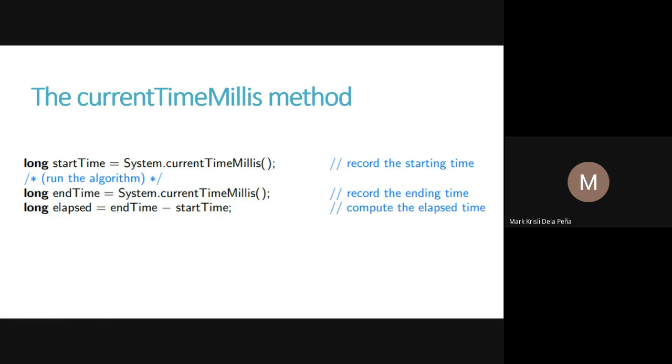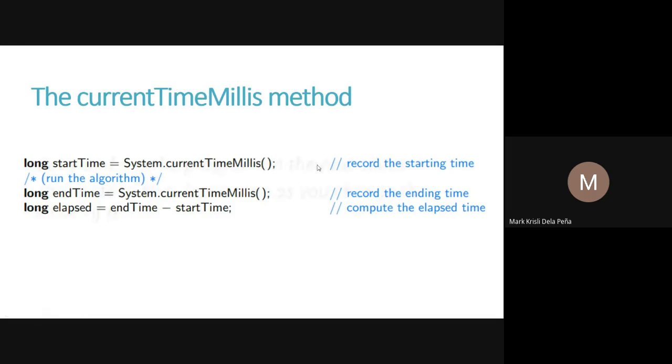So from the epoch to the start time and to the end time, we subtract, and that gives the time it takes for the algorithm to perform. I have an example code later to show you the output of the currentTimeMillis function.